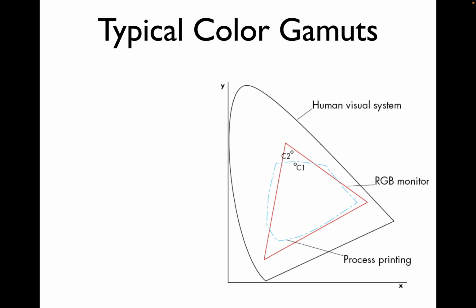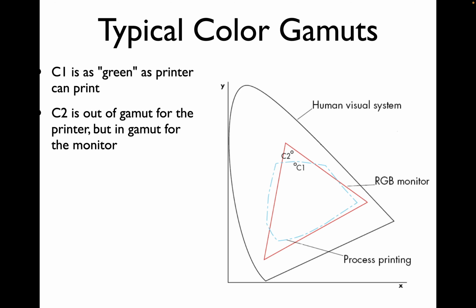So the challenge becomes, I've got information that's sitting up here at C2. How do I get it moved down into this color space so that I can actually print it? Does that make sense, everybody, what my challenge is? All right. C1 is as green as the printer can print. C2 is out of gamut for the printer, but it's not out of gamut for the monitor.